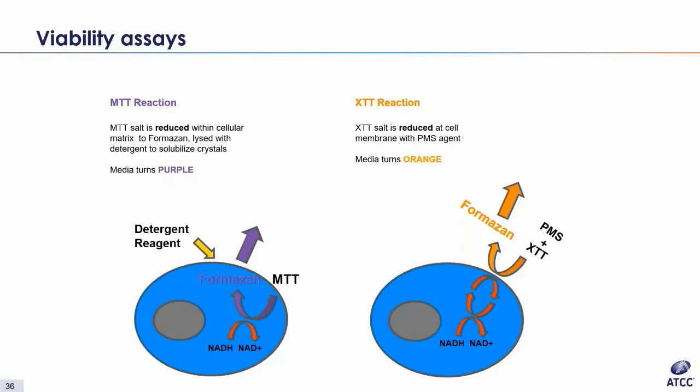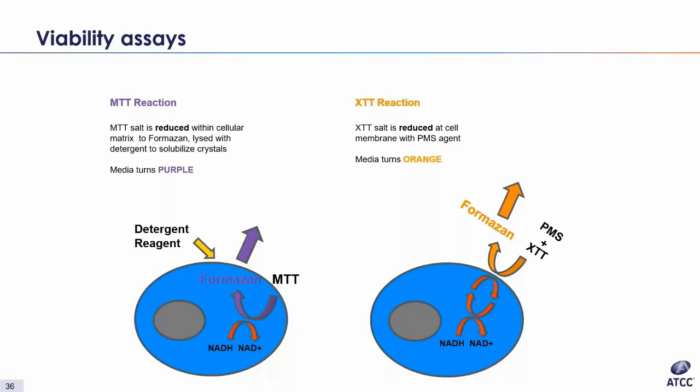So this slide is a diagram that shows how this works inside of a cell. You can imagine the blue spheres are cells, and the gray inner sphere is going to be the nucleus. With the MTT assay, the tetrazolium salt is introduced into the cell. Naturally occurring oxidation reactions within the cell, which is indicative of normally growing cells, will reduce the tetrazolium into formazan.